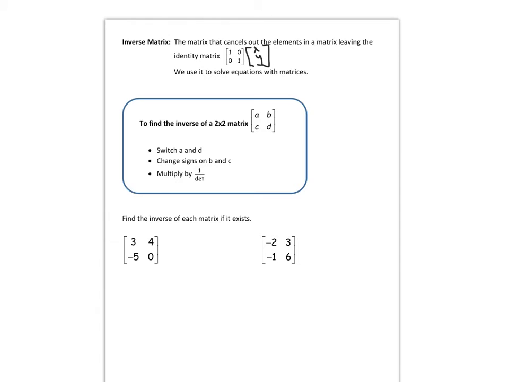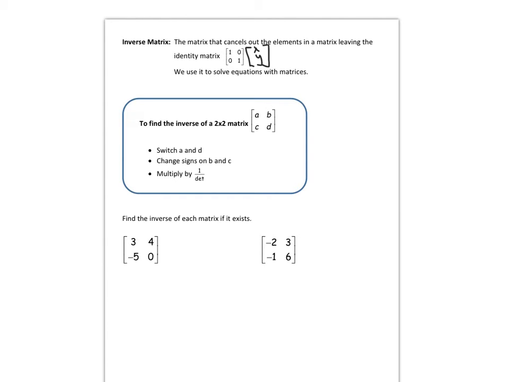A goes to the D, D goes to the A. B and C, the upwards diagonal, you leave where they are, but you change their signs. If they're positive, they become negative. If they're negative, they become positive. And then you make a fraction out of your determinant, 1 divided by whatever the determinant was, and you're going to multiply that, so distribute that.